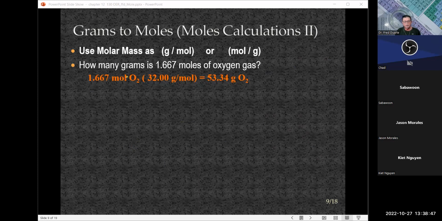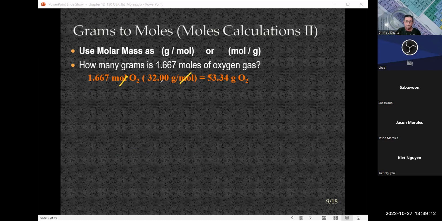Notice my units of moles canceling, leaving me with units of grams. So 1.667 times 32 gives me 53.34 grams of oxygen, representing 1.667 moles of oxygen.